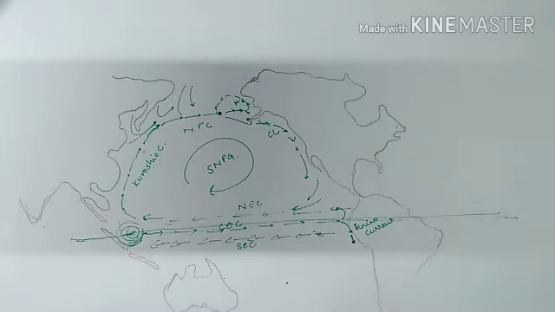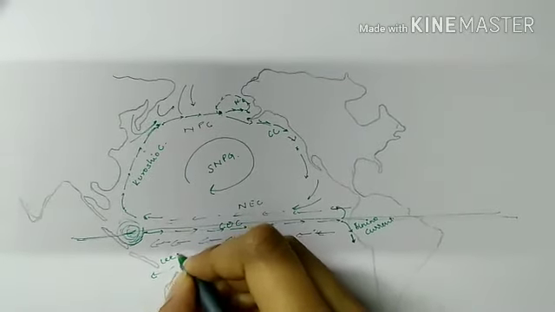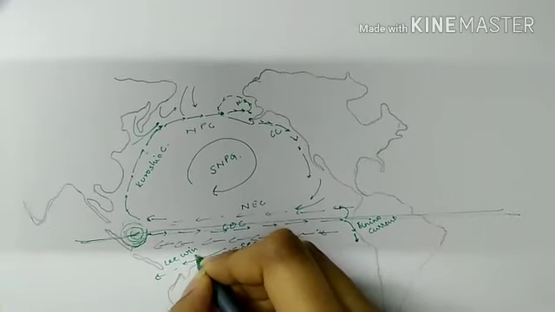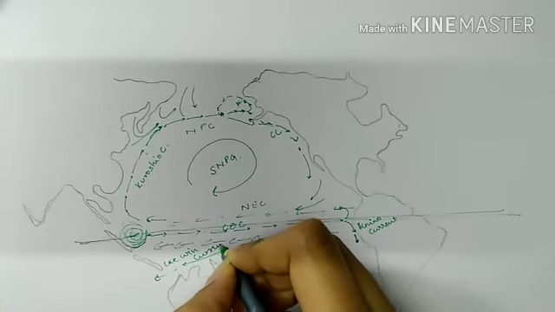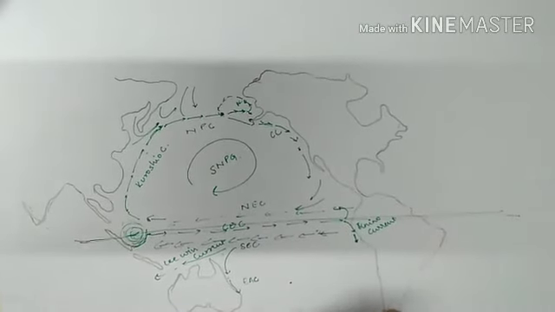Now the South Equatorial current, as it strikes the coast of Australia, forms the Eastern Australian current, and another part of it moves towards the Indian Ocean in the form of the Leeuwin current, and then we have another branch which is known as the Eastern Australian current.